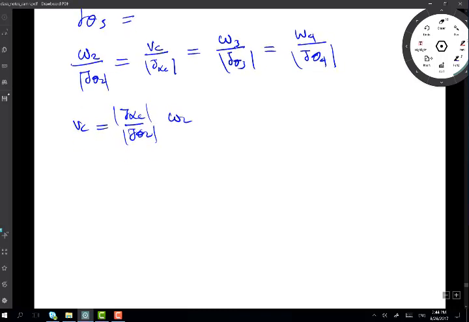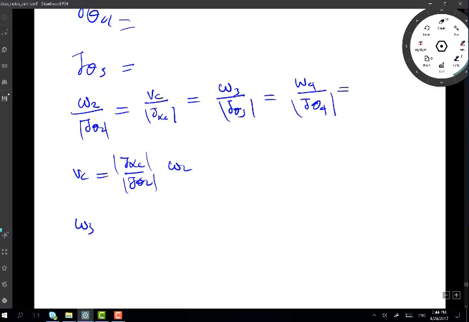And then I have omega 3, and I also have omega 5 over J theta 5.